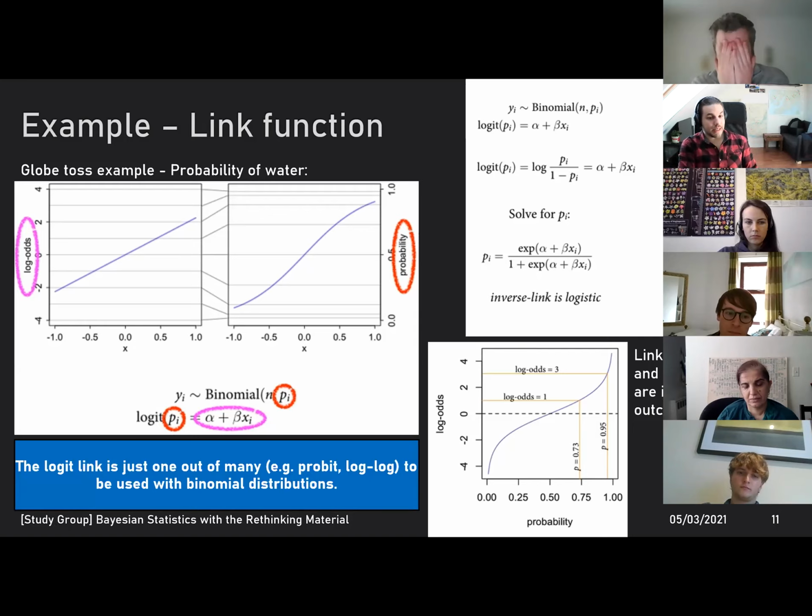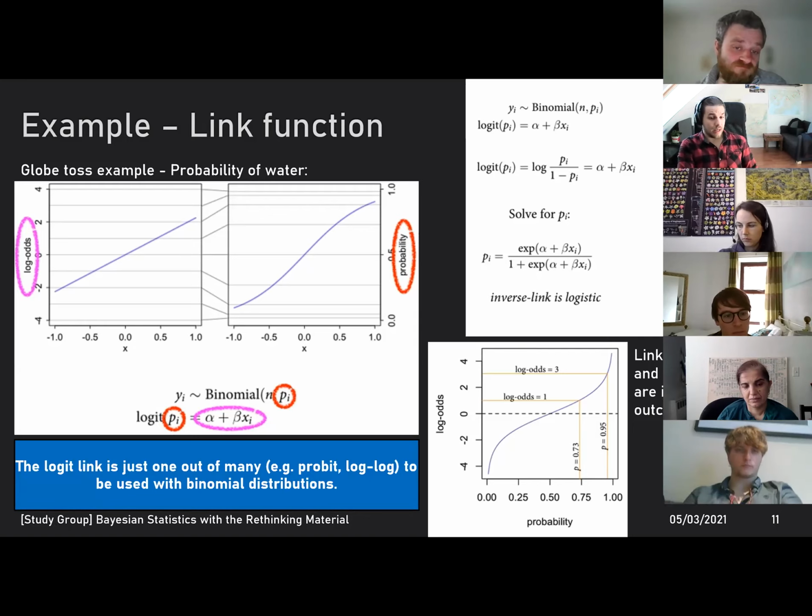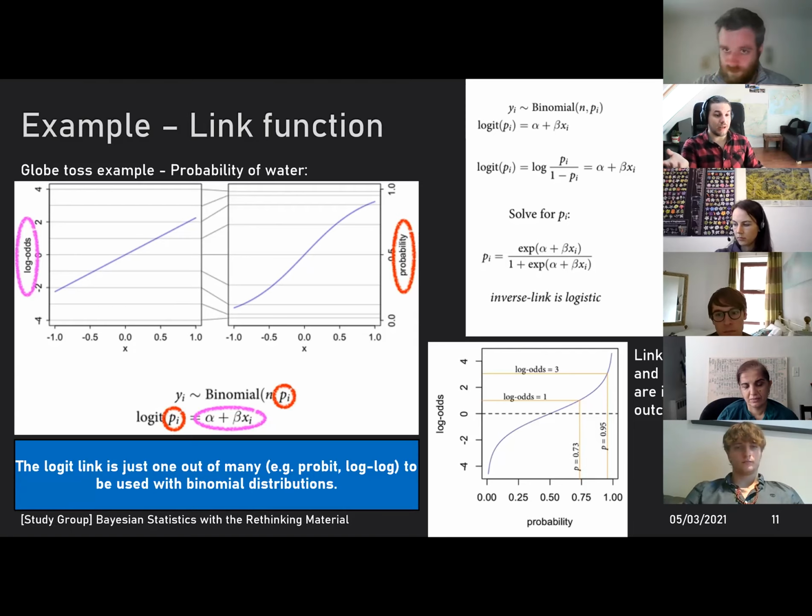And so the logit link is just one out of many which you could use for binomial distributions. Others include probit or log-log, but in all truth, I don't know enough about these yet to make any statement of when to use which, and I hope that'll become a bit more apparent over the next few sessions.